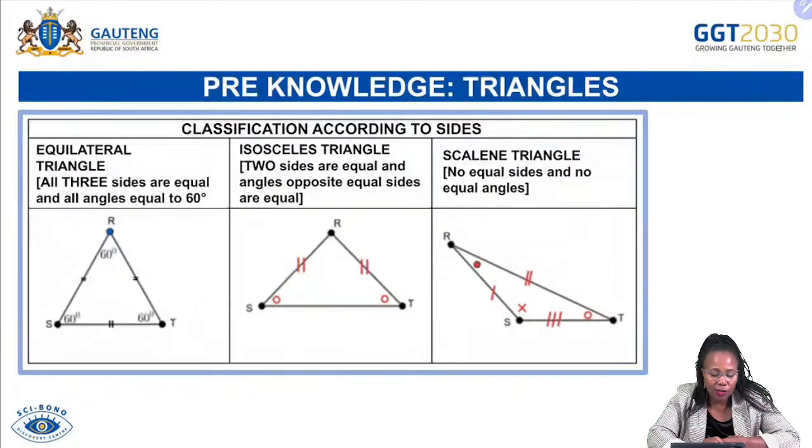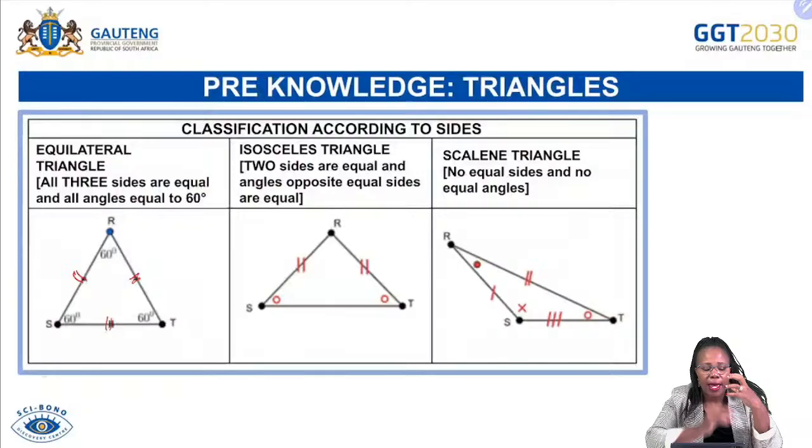All the sides of that particular triangle are equal. Therefore, this triangle is an equilateral triangle. If all sides are equal, that means all interior angles must be equal, because they are all opposite equal sides.